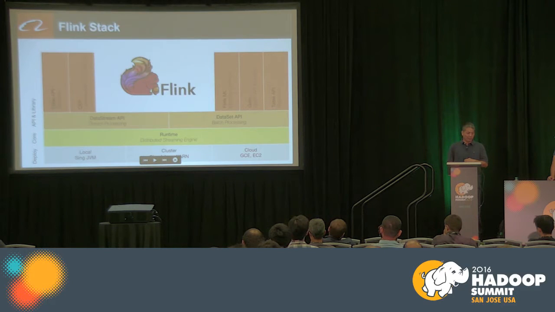Recently, the Flink community has announced the support of Apache Beam API, which will unify both streaming and batch processing in one single API. And Flink is probably the best open source project that supports it.